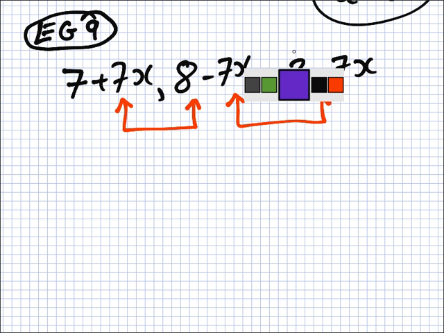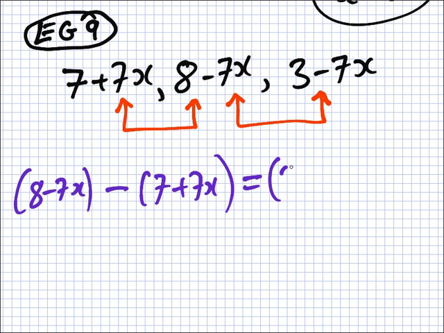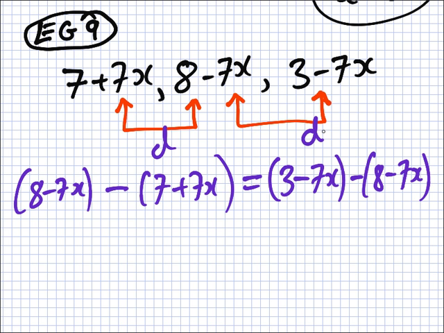So therefore, 8 minus 7x minus 7 plus 7x, that should equal d, which should also equal 3 minus 7x minus 8 minus 7x. Because these are both d.